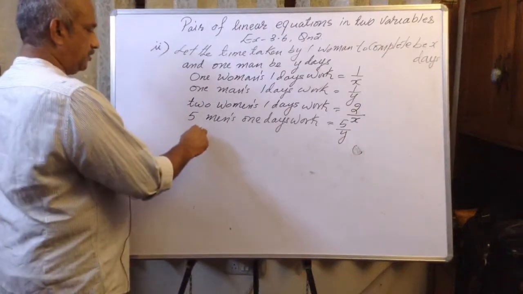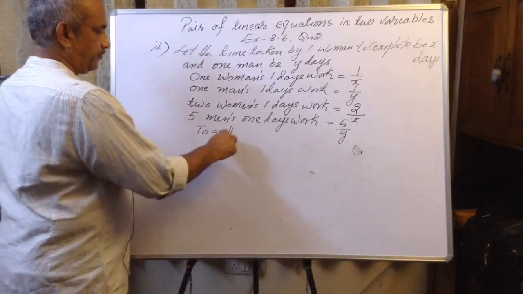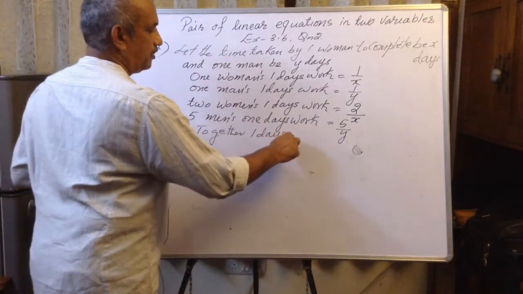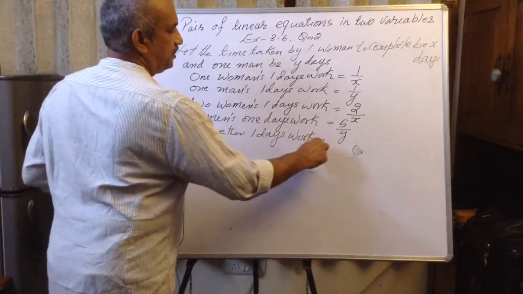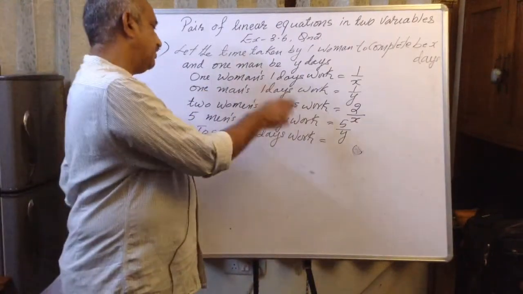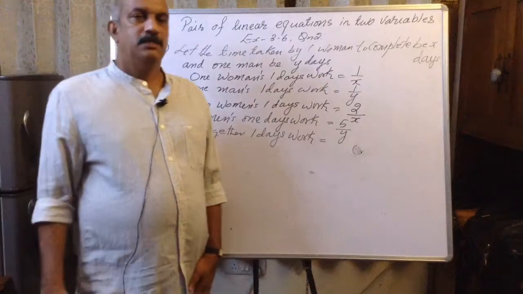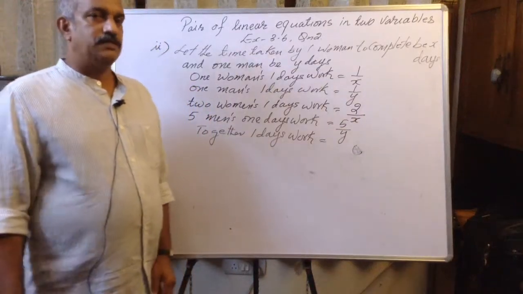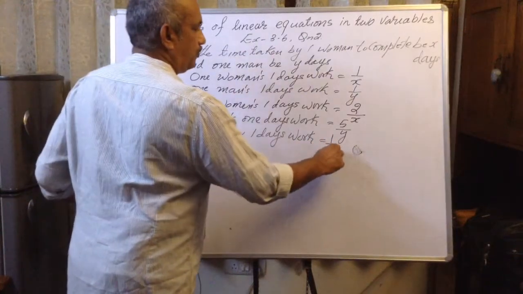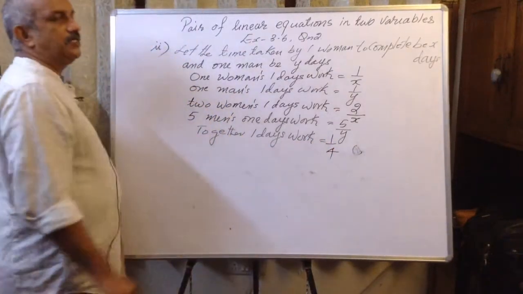Now together, their 1 day's work is equal to, see, if 2 women and 5 men are working together, they can complete the work in 4 days. So together their 1 day's work is 1 upon 4, 1/4 of the work will be completed.